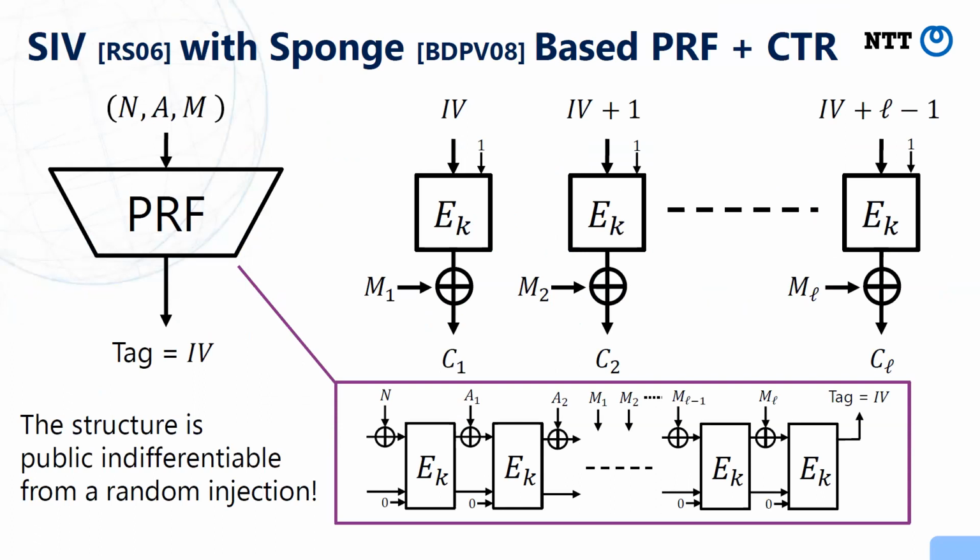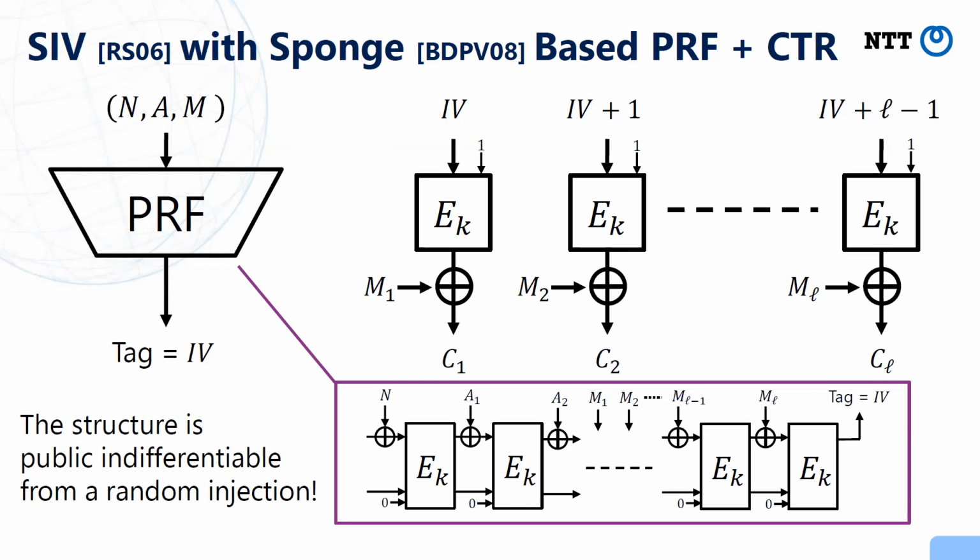The mode is the SIV construction instantiated with a sponge-based PRF and the counter mode. And here, please remember that the SIV construction first takes nonce, associated data and message as an input and generates a tag by using a PRF. And this tag is used as an IV for the encryption part.